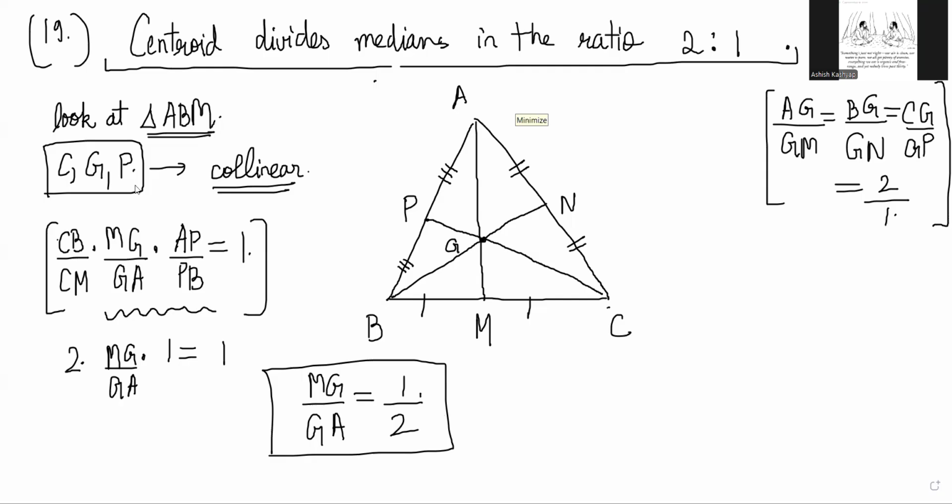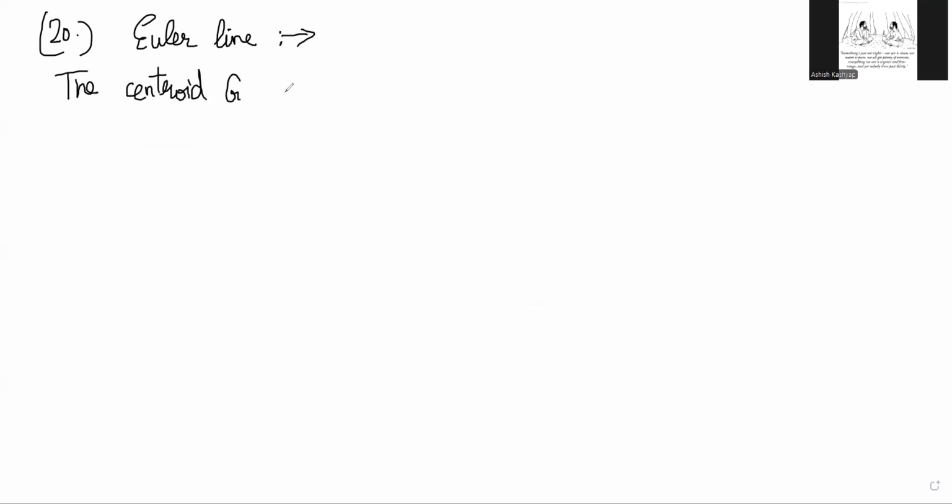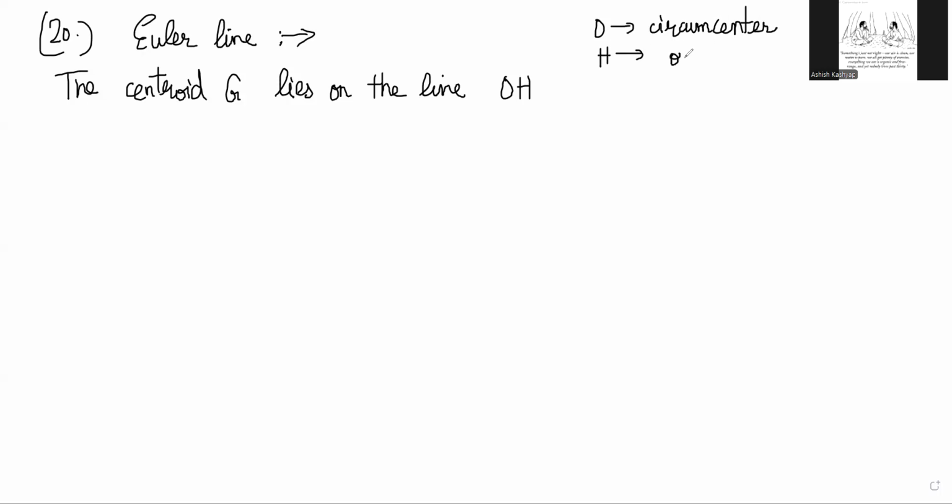Okay, fine. The next one is the Euler line, which we just discussed. We'll say the centroid G lies on the line OH, where O is the circumcenter and H is the orthocenter.